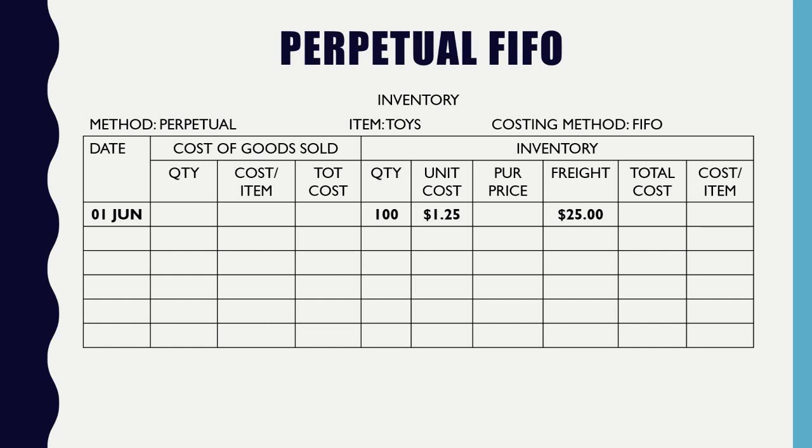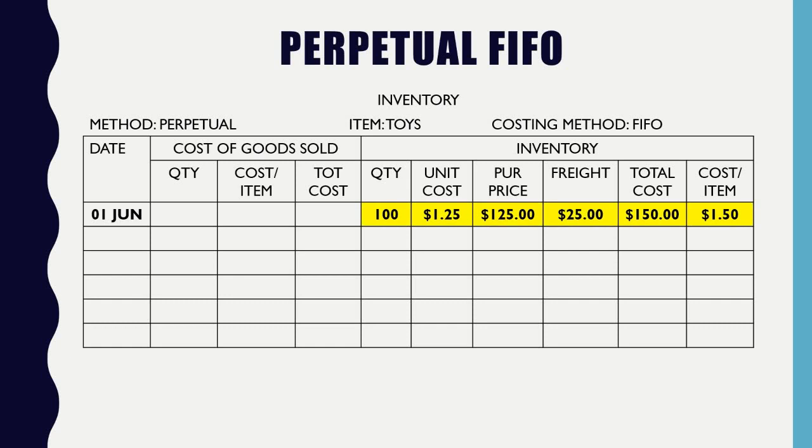Therefore, I plug in my 100 units at $1.25, which will give me a total purchase price of $125, plus $25 will give me my total cost of $150. And because I am using FIFO, I am now going to calculate what that cost per item is, which is $1.50. Okay, so that's my first batch of inventory.